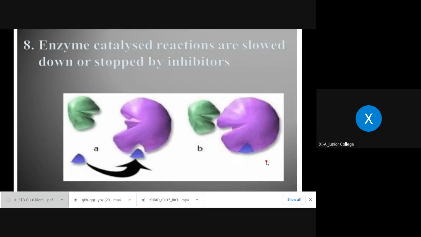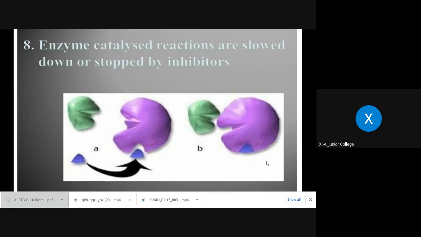Enzyme catalyzed reactions are slowed down or stopped by inhibitors. This part again we will discuss in detail. That means there are some substances which inhibit the reaction that the enzyme catalyzes. When these substances come in contact with the enzymes, they cannot show their catalytic property.